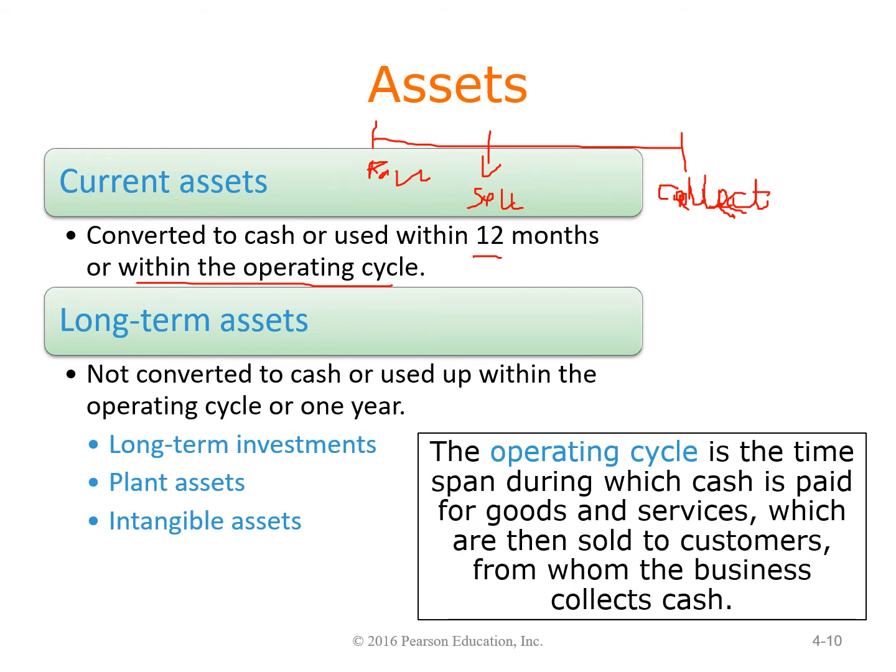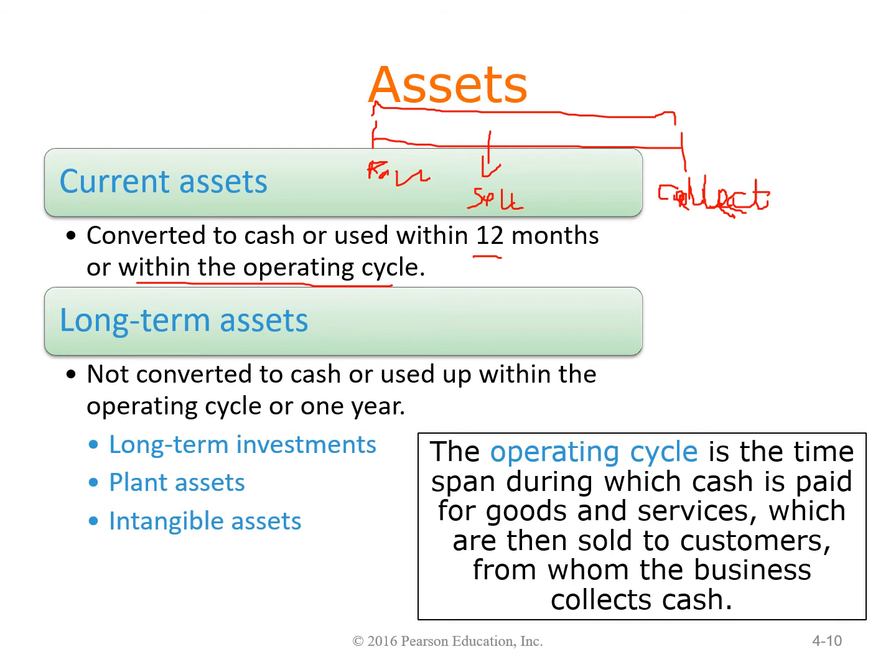This period is called the operating cycle: from the acquisition of the inventory or the merchandise, selling it, and then collecting the cash. This is current assets.